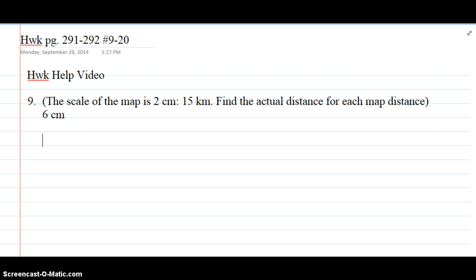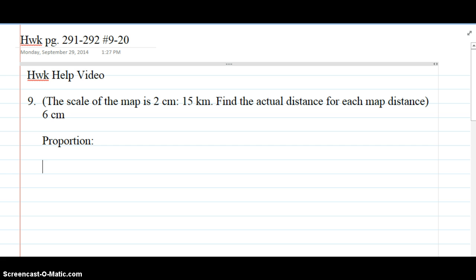So, if I use a proportion, I can set up two ratios that are equal to each other. The first ratio that I want to write will always be the scale that I begin with. When I write that ratio or fraction, I'm going to choose to do centimeters over kilometers.